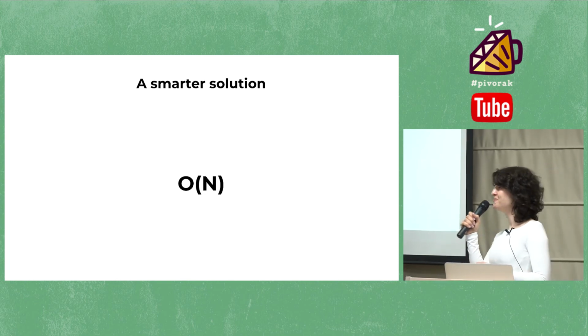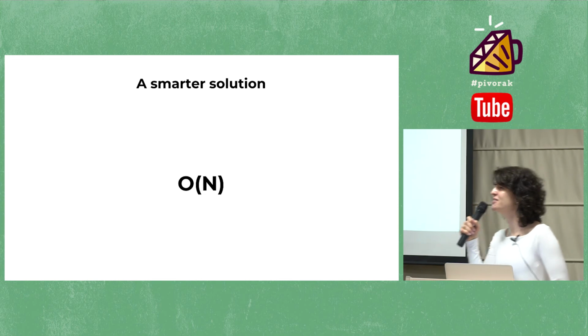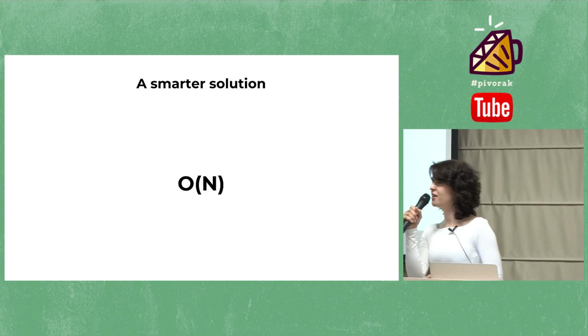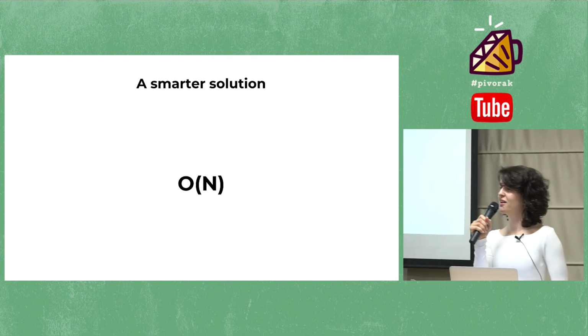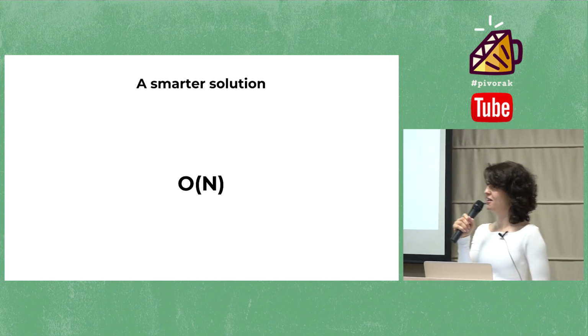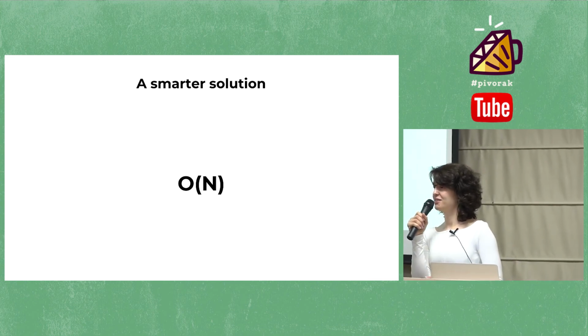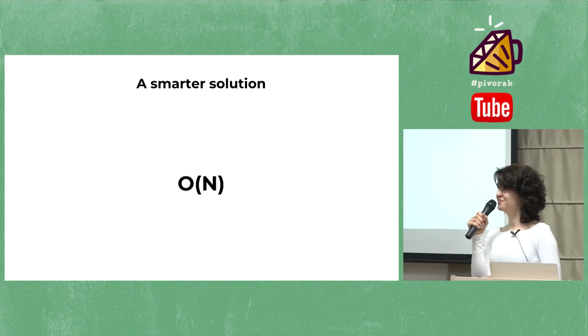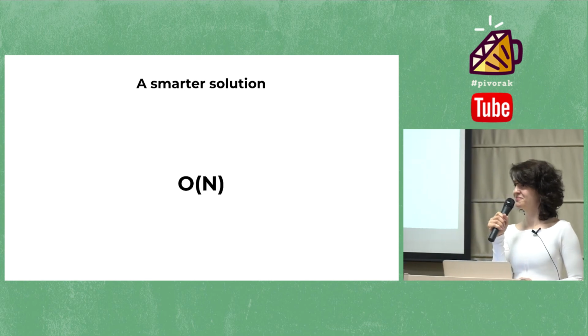How do you do better? Come again? n divided by 2. And what do we do with that? If this is odd, we divide by 2 and take what we got, 0 or 1.